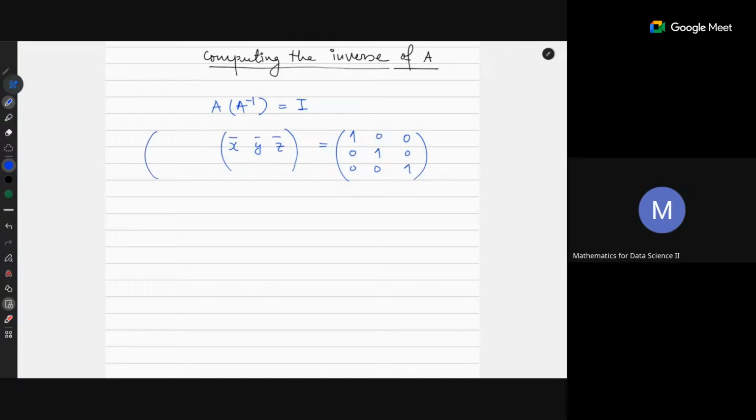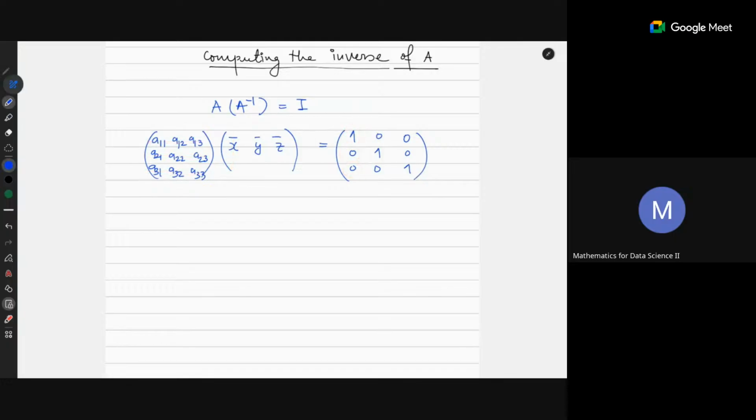So now suppose you have some matrix A11, A12, A13, A21, A22, A23, A31, A32, A33. So how will you multiply? This multiplied with this will give you the first entry. This multiplied with the first column will give you the second entry. This multiplied with the first column will give you the third entry.